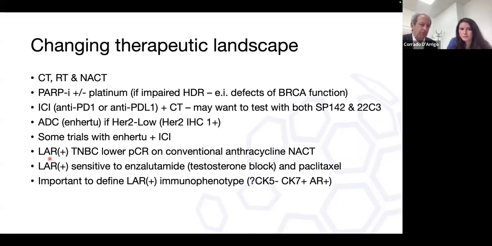We spoke about things like luminal androgen receptor. They have much less complete pathological response on the conventional chemotherapy regimens, but they are more sensitive to something like testosterone block and paclitaxel, for instance. So in a way, it is important that we tell them this is alarm.